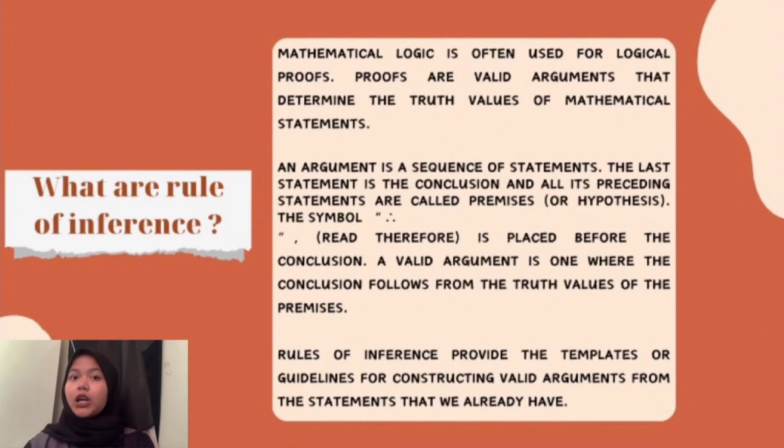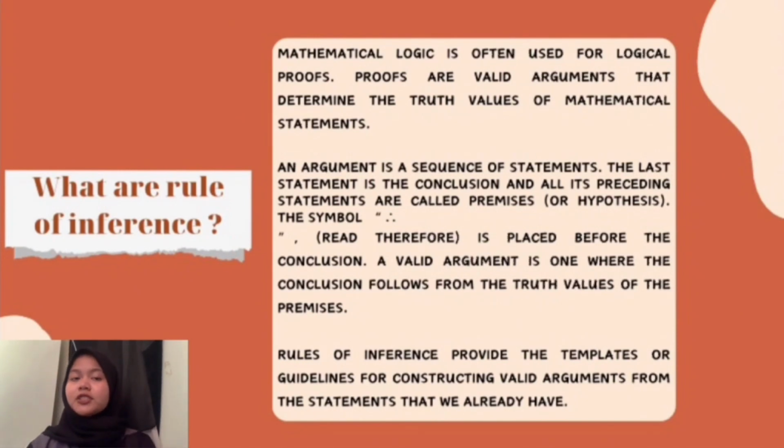What are rules of inference? Mathematical logic is often used for logical proof. Proofs are valid arguments that determine the truth value of a mathematical statement. An argument is a sequence of statements. The last statement is the conclusion, and its preceding statements are called premises, or hypotheses.